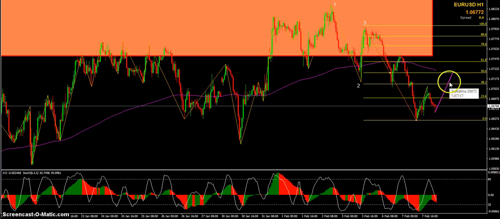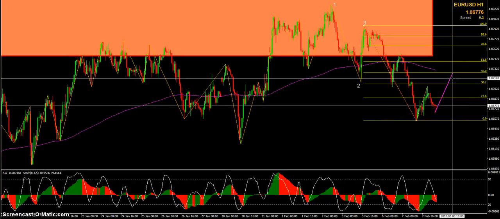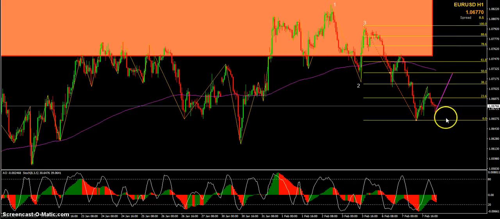So if this does occur, we would look at an entry when it gets close to that, or because we already have this point here with a pullback, we might have a higher high in price with a lower AO on the 15-minute chart. So once we identify that, we'll be looking at our entries, very tight stop losses, maybe 20, 30 pips, and would be looking at getting out before these double bottoms.